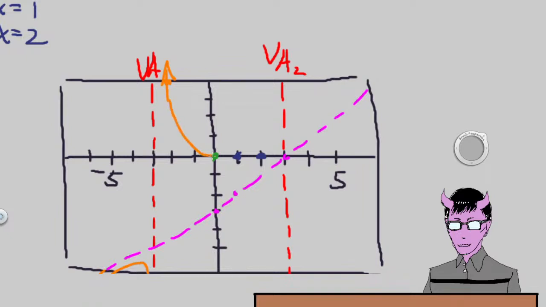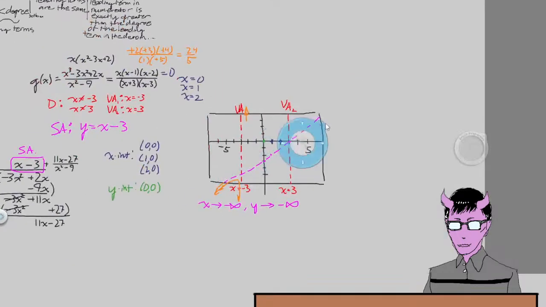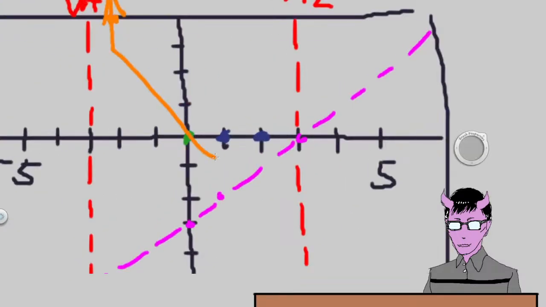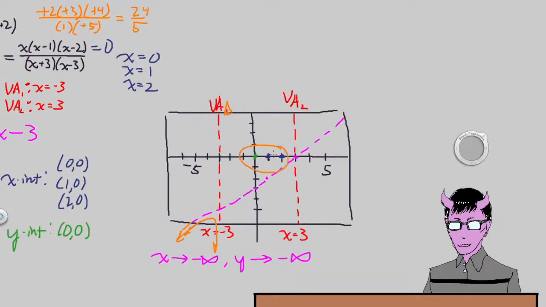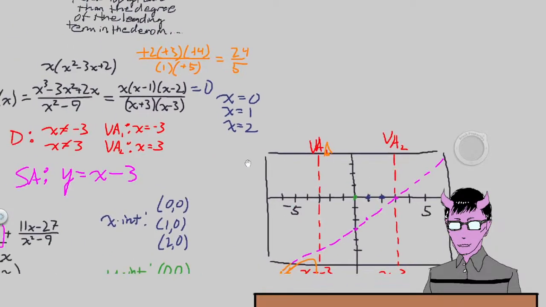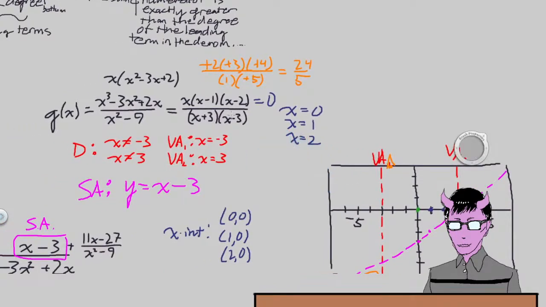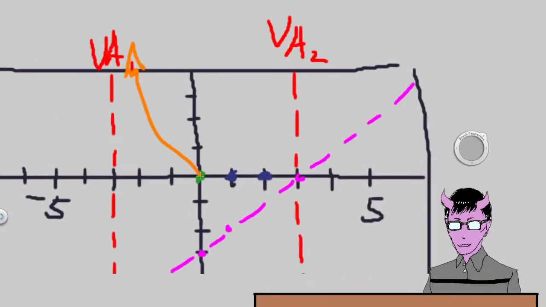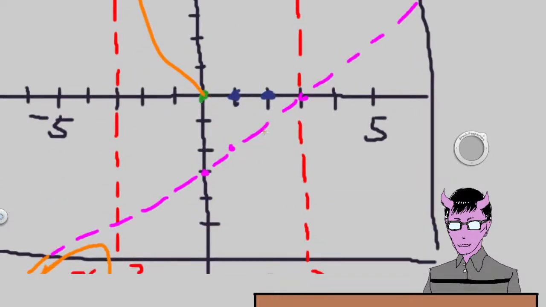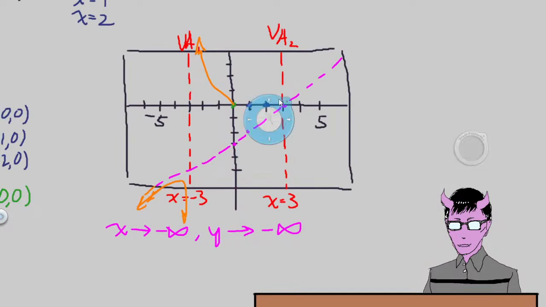So what will it be doing? Like this, like this, like this? Okay, that's kind of weird. Well, I'm going to ignore this for now. We'll come back to this, because it is a little strange. We'll come back to what's happening between those ones. We're fairly certain it's going to do something like this. But what's happening right here, and will we be crossing the x-axis? That is the question.